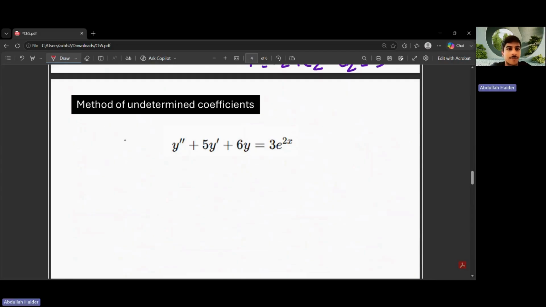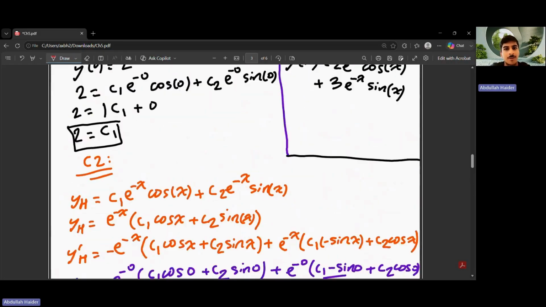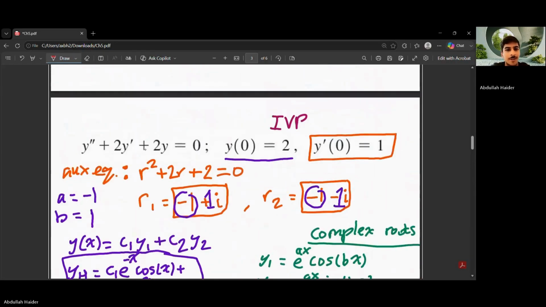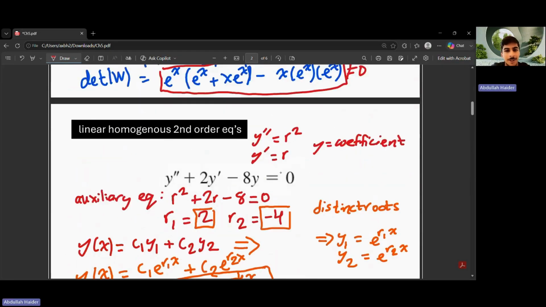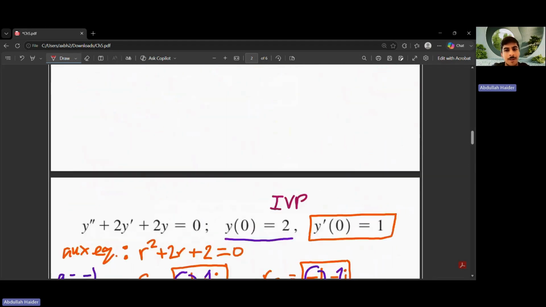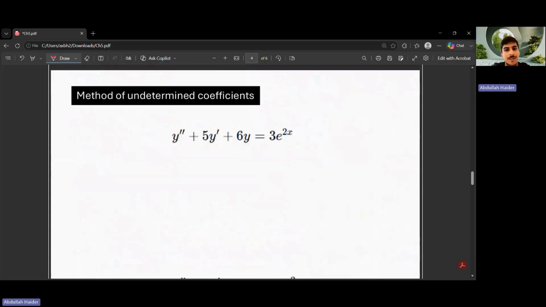So now we will solve the method of undetermined coefficients. In the questions above, we had a 0 on the right side, another 0 on the right side, and another 0 on the right side. So these are homogeneous second order equations. But what if we get something which is not 0?